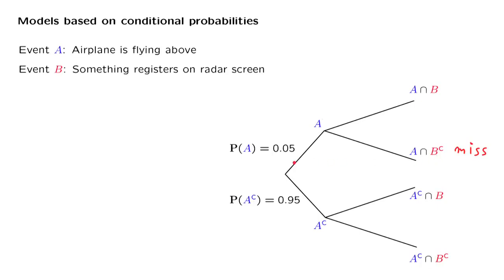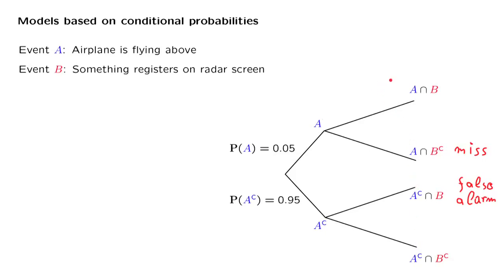Another possibility is that nothing is flying up there, but the radar does detect something, and this is a situation that's called a false alarm. Finally, there's the possibility that nothing is flying up there and the radar did not see anything either.